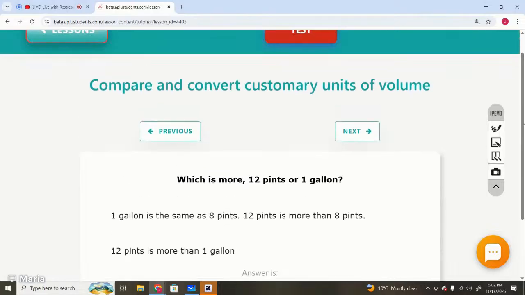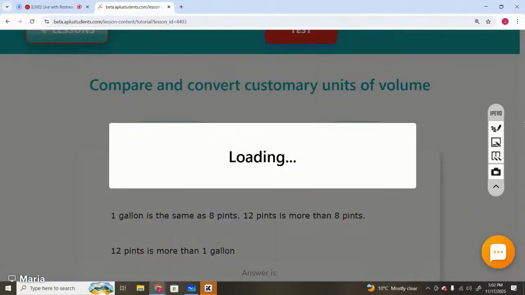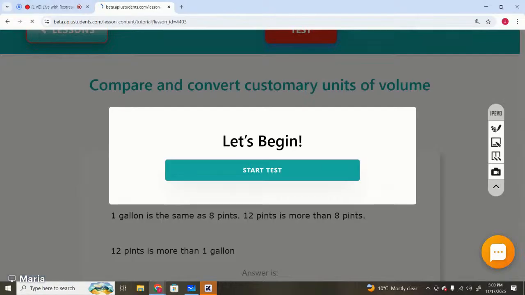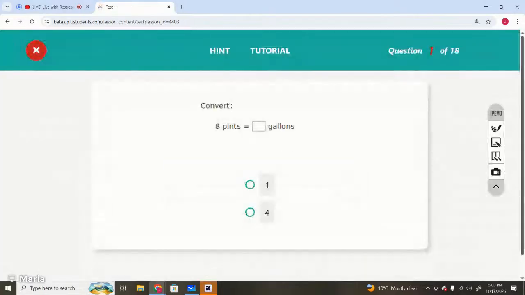Let's just start with the test questions. Basically, we're going to learn the basic units of volume, so you can note them down in your notebook so that you can learn them later.